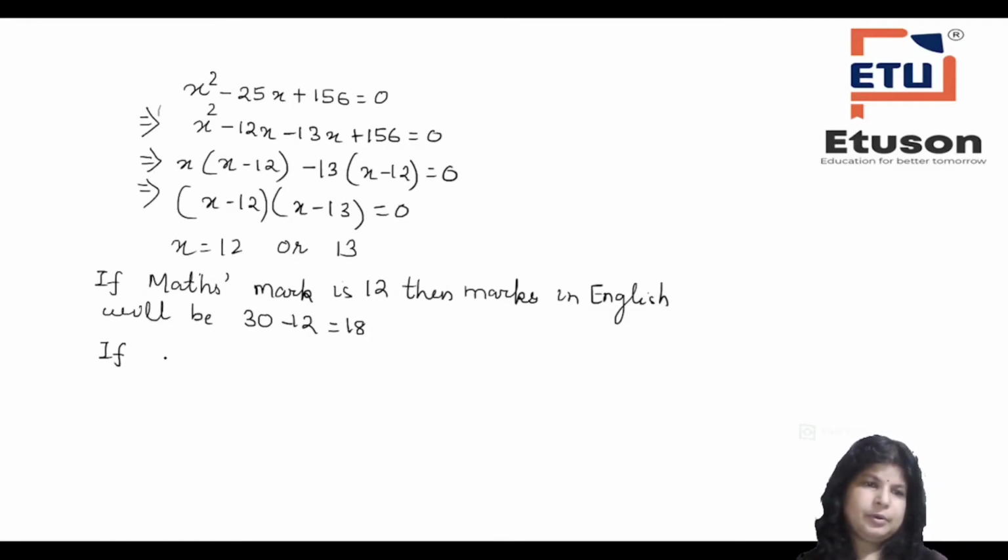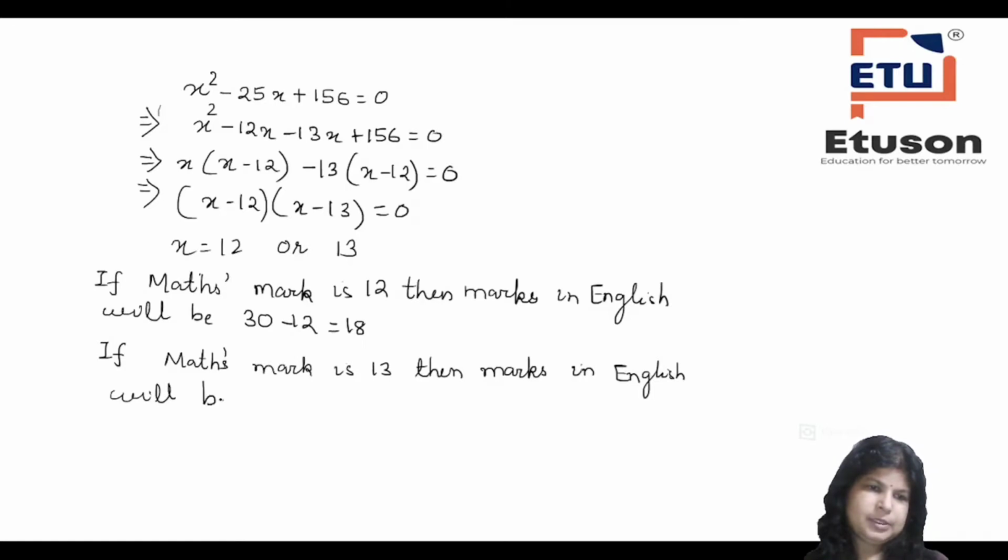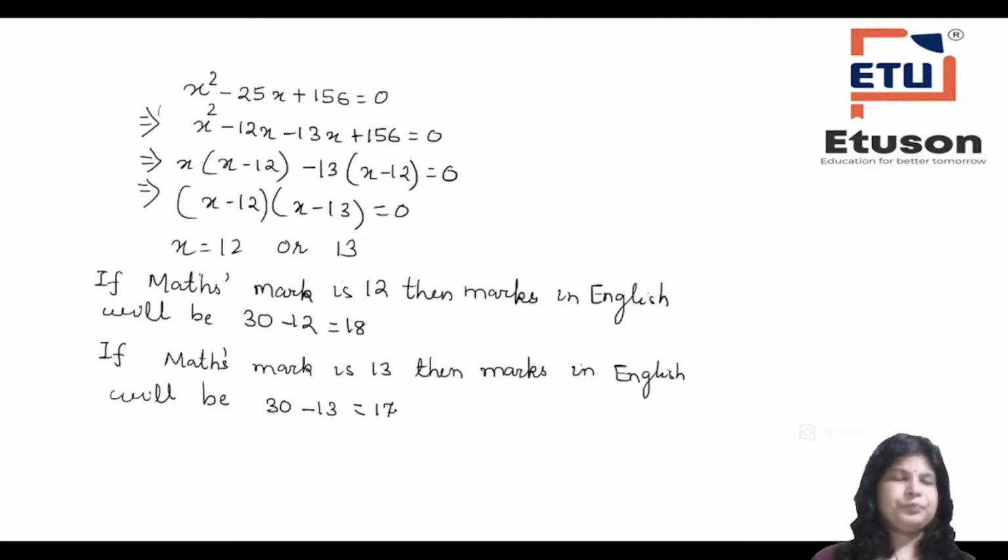And if maths marks is 13, then marks in English will be how much? 30 minus 13, that is 17. Okay, so this is how you can obtain the marks scored by Shephali in maths and English. Okay, children, hope you have understood. Now let us go to the next problem.